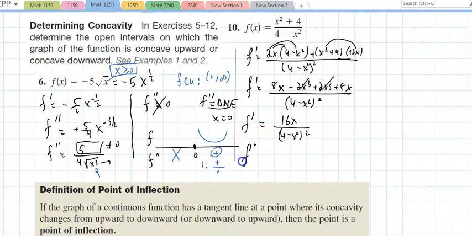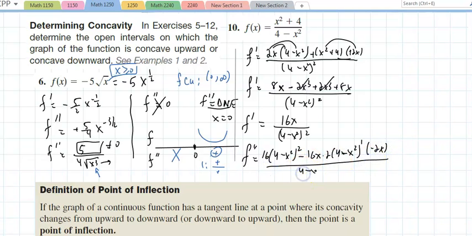So if I take the second derivative, that would be the root of the top times the bottom minus the top times the root of the bottom. Bring the power down. Subtract 1 from the power, times the root of the inside, all over the denominator squared.